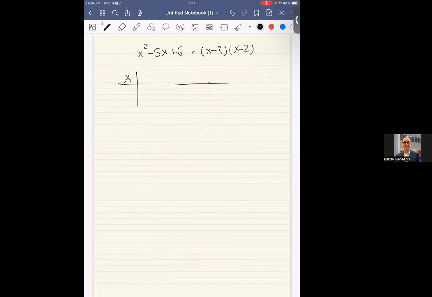We have two zeros, one is 2, another is 3. At x equal to 2 and x equal to 3, the expression is 0. Between the two roots, it's negative. Other than that, it's positive, because the coefficient of x squared is positive. So the sign of x squared minus 5x plus 6 is positive, negative, positive.